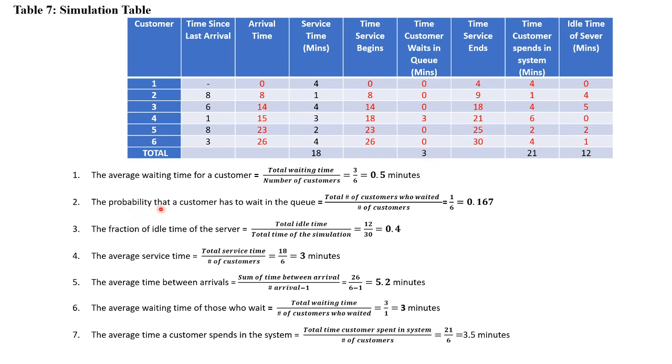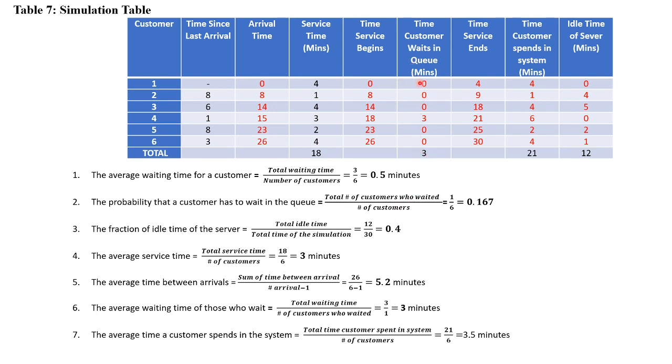The probability that a customer has to wait in the queue is given by the total number of customers who waited, divided by the number of customers. So how many customers waited in the queue?